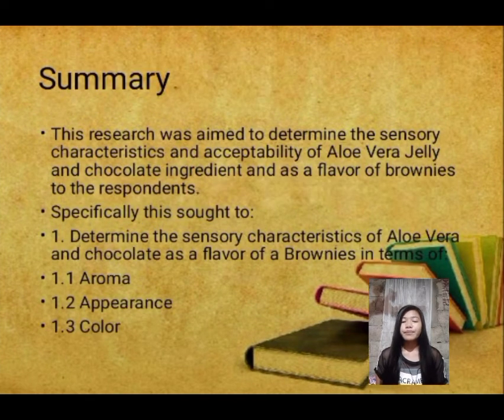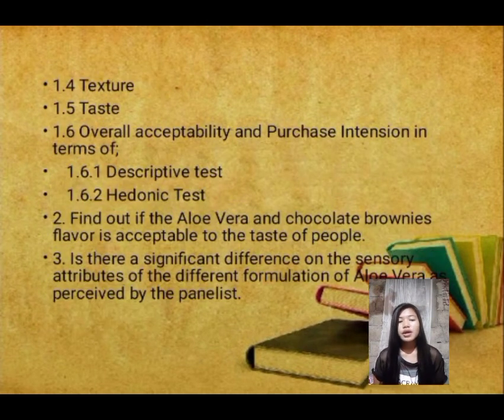First is the summary. This research aimed to determine the sensory characteristics and acceptability of aloe vera jelly and chocolate ingredients as a flavor of brownies to the respondents. Specifically, it sought first to determine the sensory characteristics of aloe vera and chocolate brownies in terms of aroma, appearance, color, texture, and taste, and overall acceptability and purchase intention, in terms of the descriptive test and hedonic test.